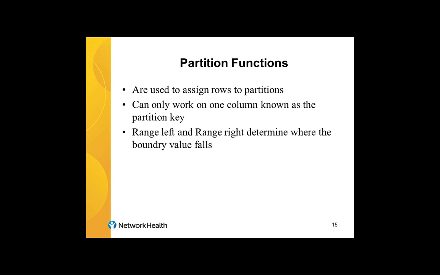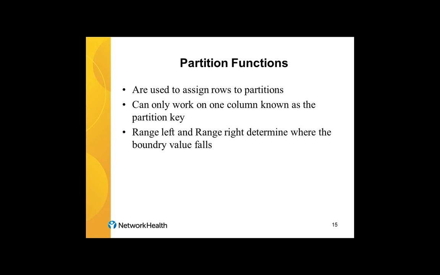In this case, that date is known as the partition key. And we have to specify boundaries. And when we specify those boundaries, we have to determine where that boundary falls. Because if you're just specifying boundaries, does the boundary go into the previous bucket or into the next bucket?